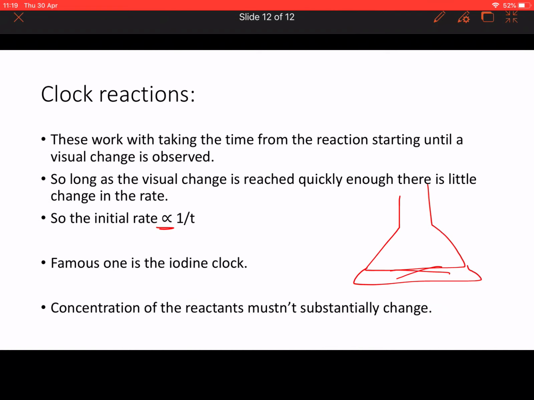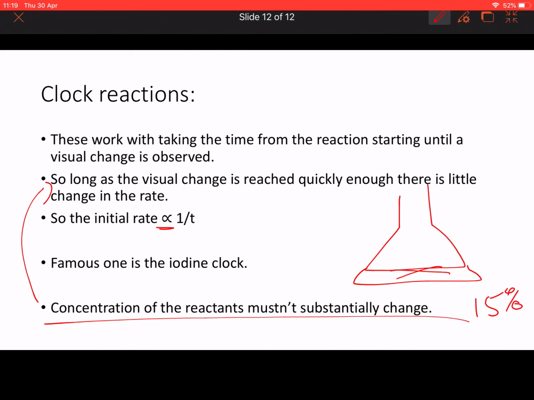Okay. Now there are a couple of things that you need to do. You must make sure that, as it says at the bottom, the concentration of the reactants mustn't substantially change. You can get away with about a 15% change. That links into the visual change happening before there's a massive change in the rate.